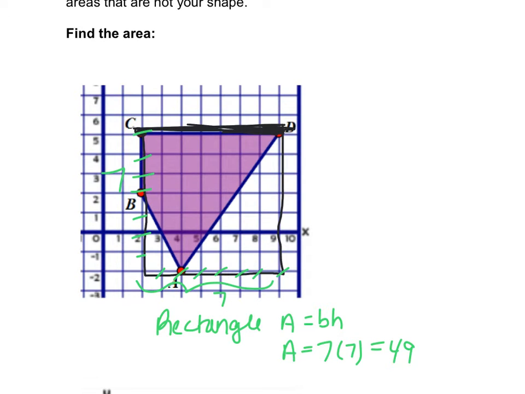So now what I need to do is subtract the areas that are surrounding my rectangle. I'm going to do some erasing to make it look a little neater. And I'm going to draw my rectangle in red.